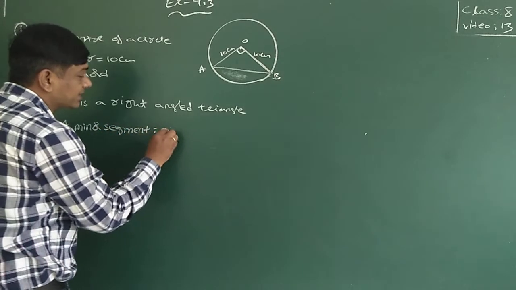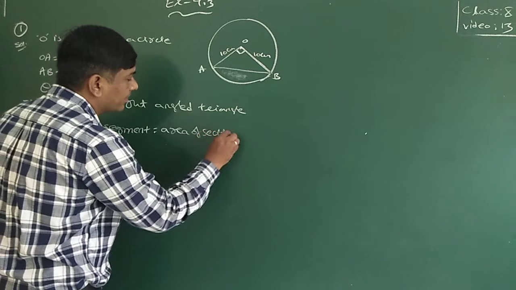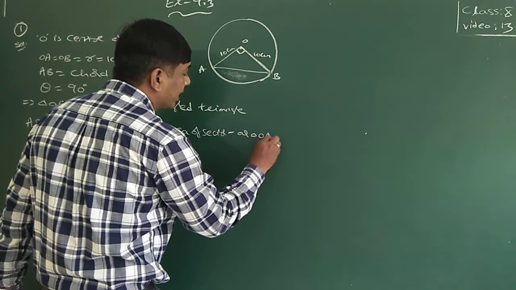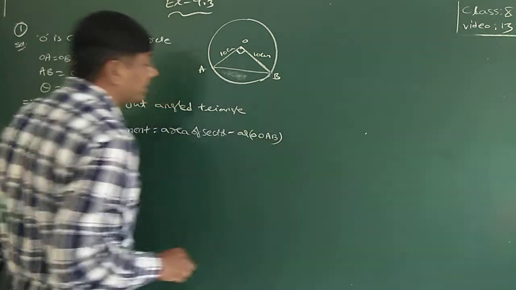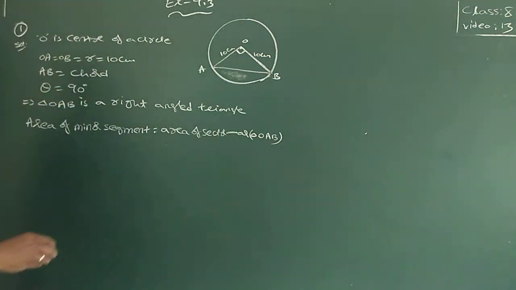Area of minor segment is equal to area of sector minus area of triangle OAB.